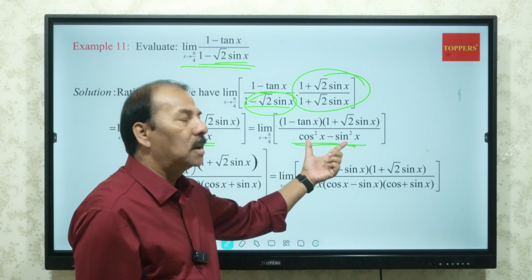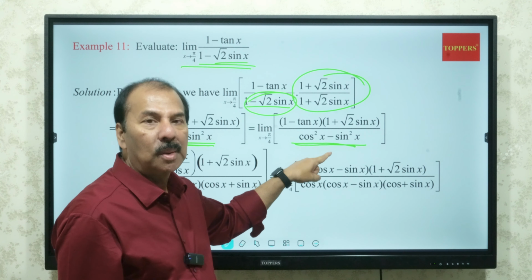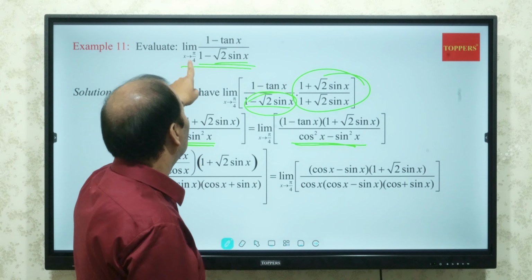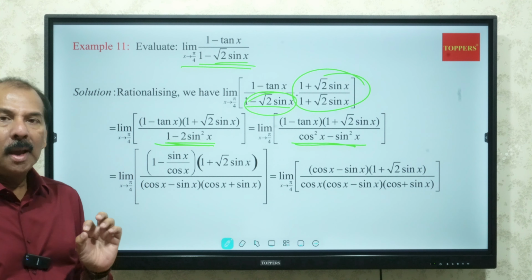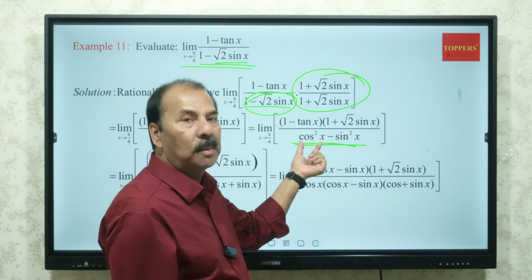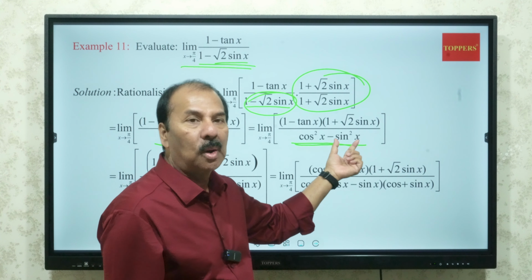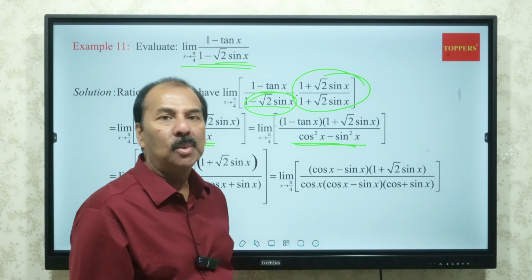Once you get cos x minus sin x from here and cos x minus sin x from here, those two terms will get eliminated, because when x tends to pi by 4, cos pi by 4 and sin pi by 4 become the same. Cos pi by 4 is 1 by root 2, and sin pi by 4 is also 1 by root 2. 1 by root 2 minus 1 by root 2 becomes 0.